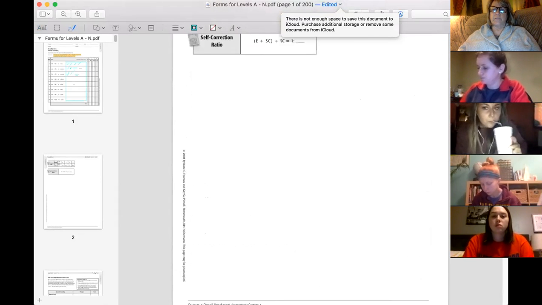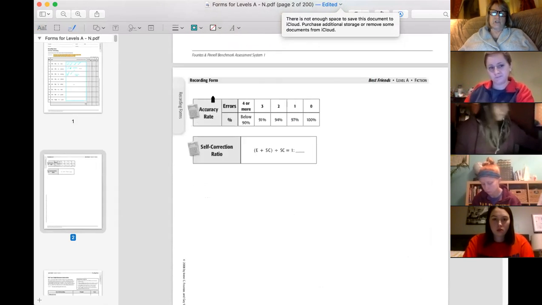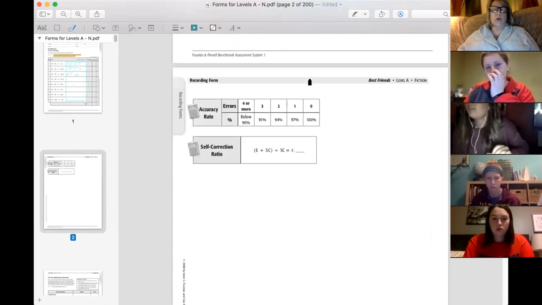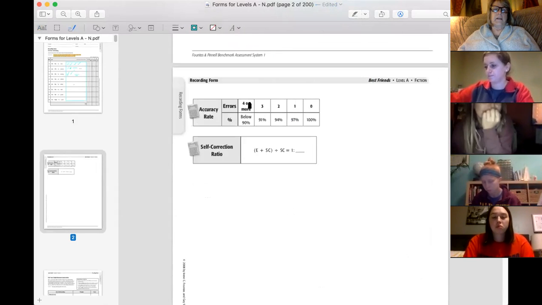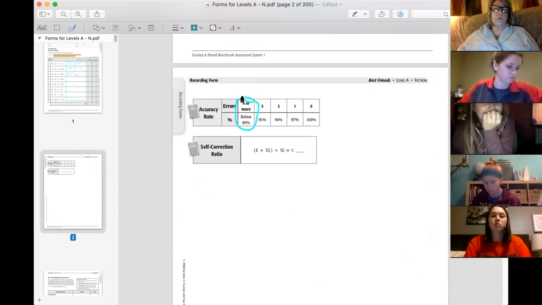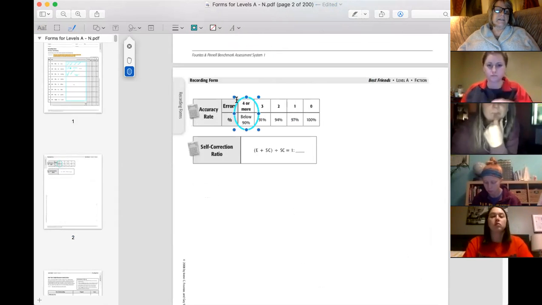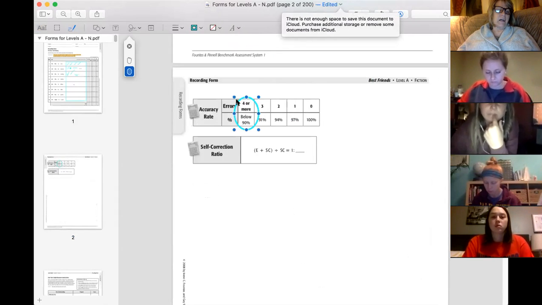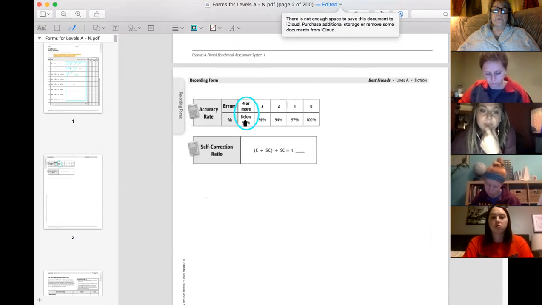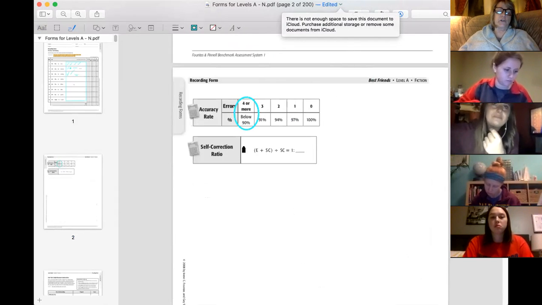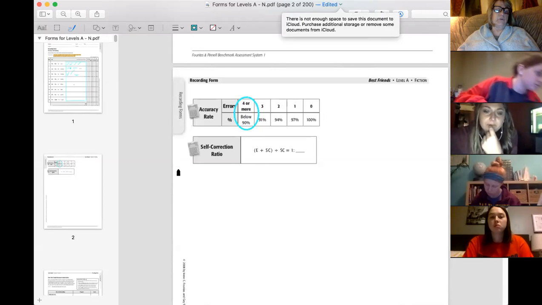Look at what Fountas and Pinnell did for you on this page. On page 2, all you have to do is count the number of errors and then look at this sheet and you know what's the percentage. You don't even have to do the math. So because this child had 4 errors, we know right away that's a hard level because it's below 90%.